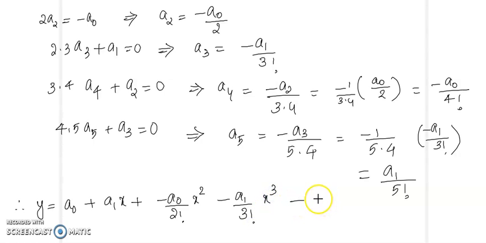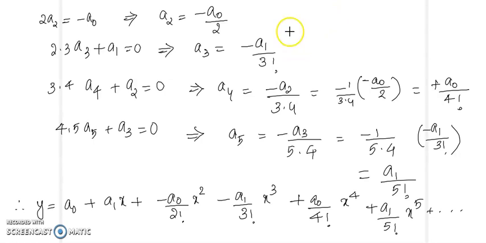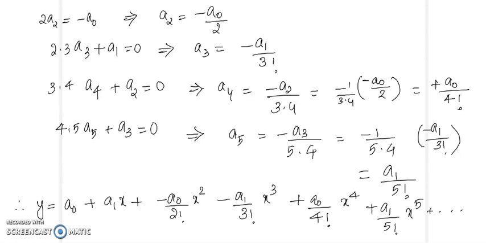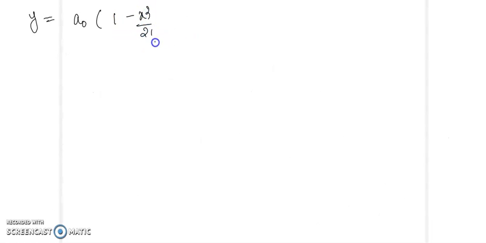Then plus a0 by 4 factorial x raised to 4, then plus a1 by 5 factorial x raised to 5 plus etc. So taking a0 and a1 outside, y will be a0 into 1 minus x square by 2 factorial plus x raised to 4 by 4 factorial.